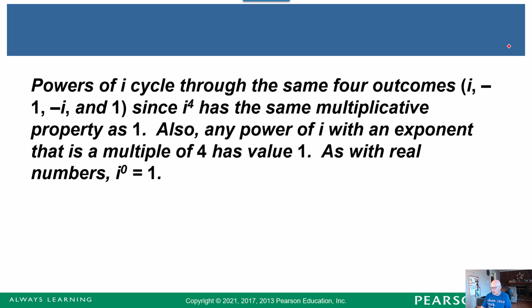So keeping that in mind, here's an extra fact to remember: as long as x is a real number, almost anything to the 0 power is 1, as long as x is not 0 to begin with. So with that in mind, i to the 0 is also 1. That's pretty handy. So it follows along with what we knew previously.